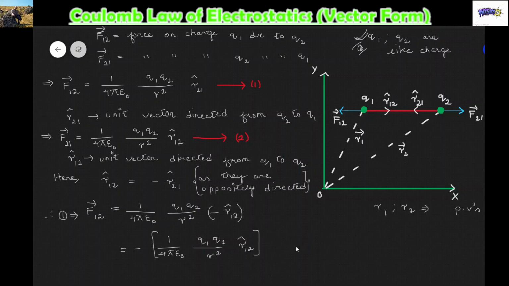So, finally, we get the relation F12 equals negative of F21, which clearly indicates, and we have proof here, that F12 bar equals minus F21 bar.